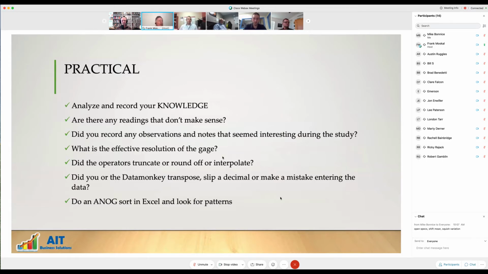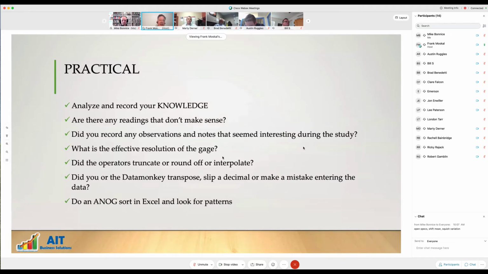You know, I've had problems where people maybe recorded in metric and they should have been recording in inches. Make sure that everything kind of makes sense. What's the resolution? Did we truncate? A lot of times I see people taking digits off of their readings and removing them, actually losing that data.